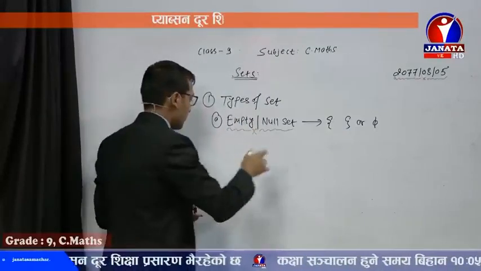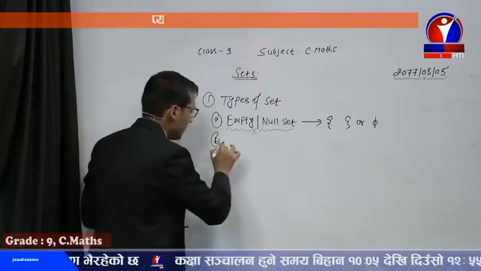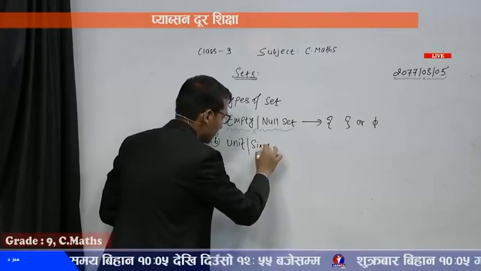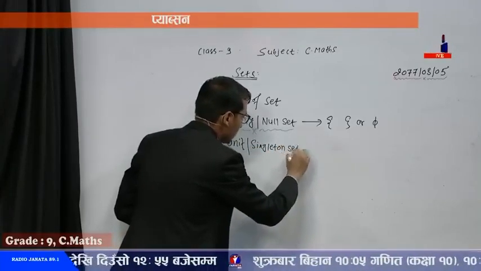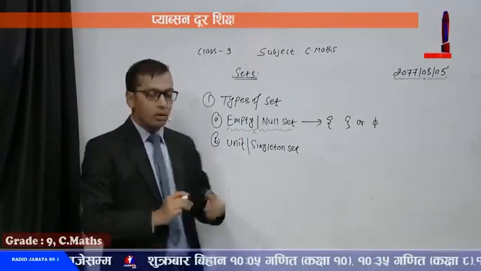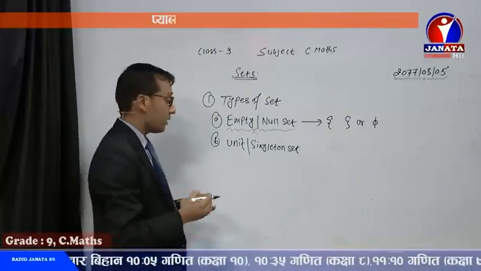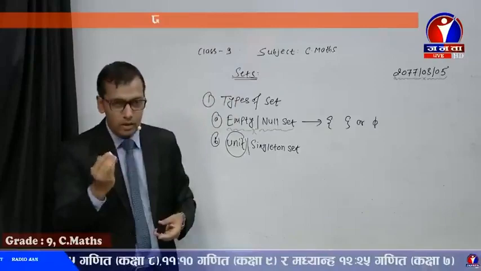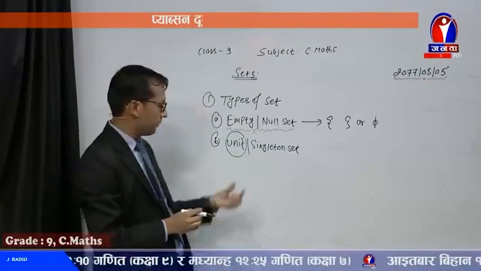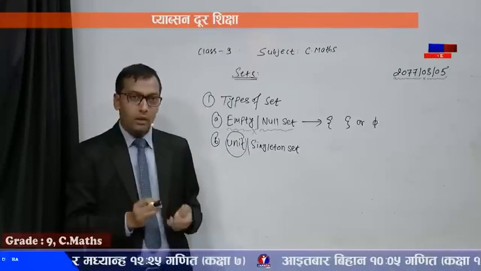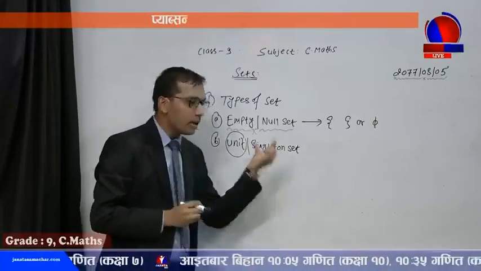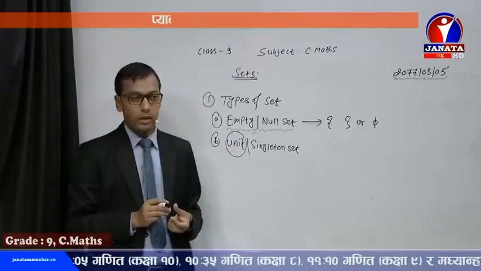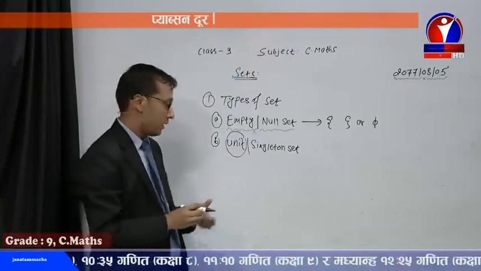Similarly, let me move into the next one. What is a unit or singleton set? Let me explain now. Again, it's clear from the word. Can you just imagine what the meaning of unit is? Can you guess what the meaning of singleton is? Its meaning is, if a set consists of only one element, it is called a unit set.